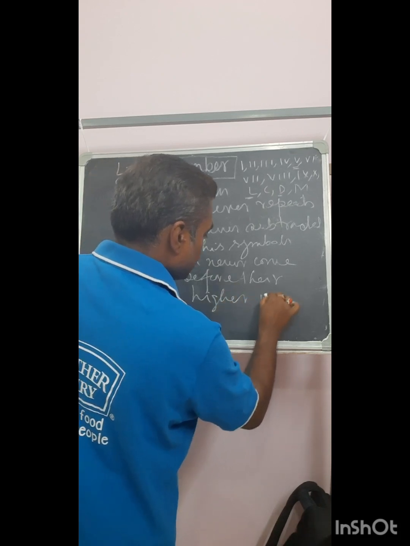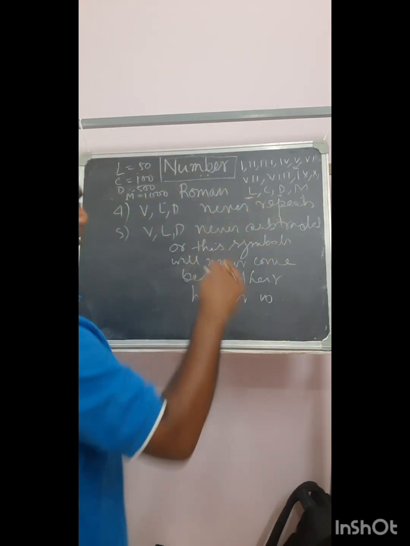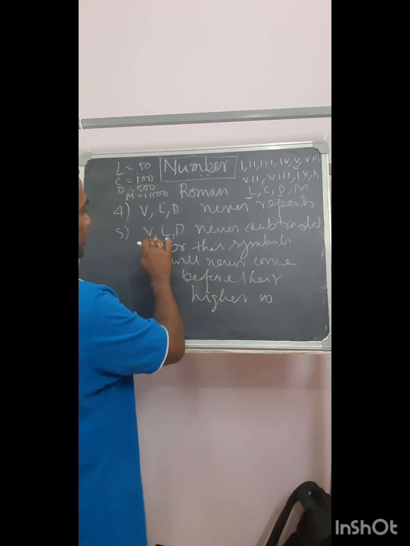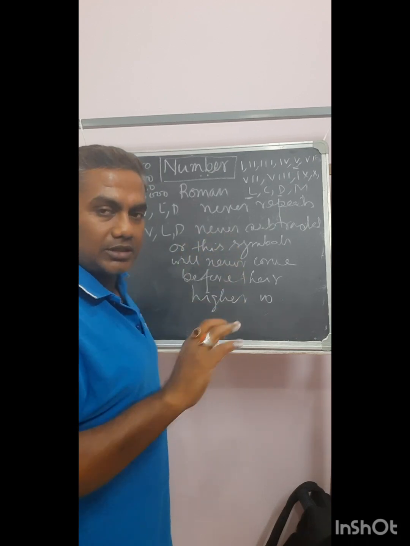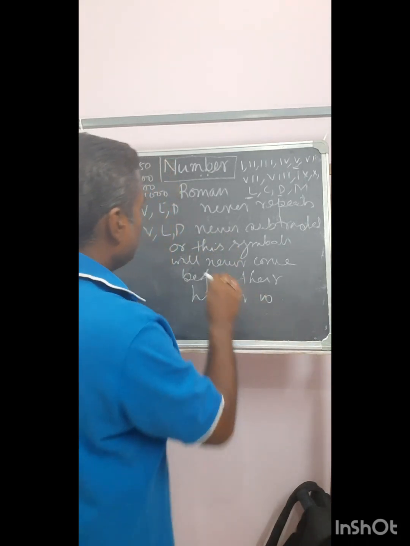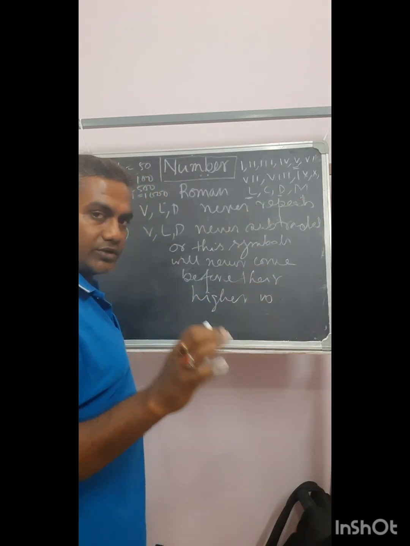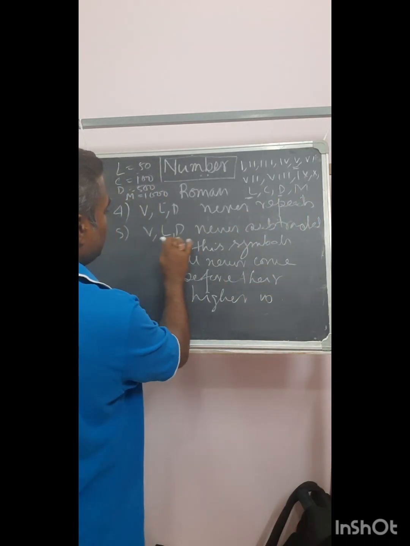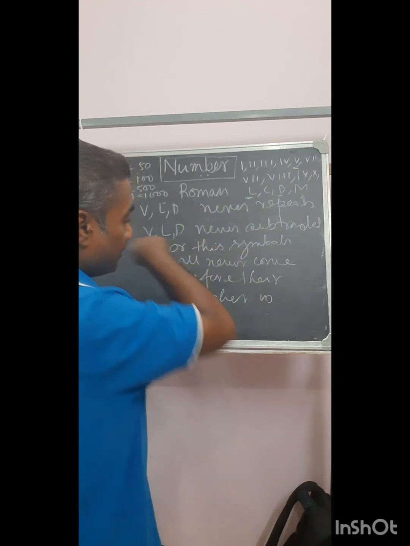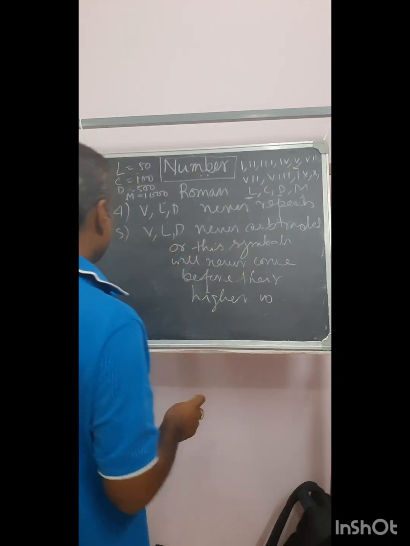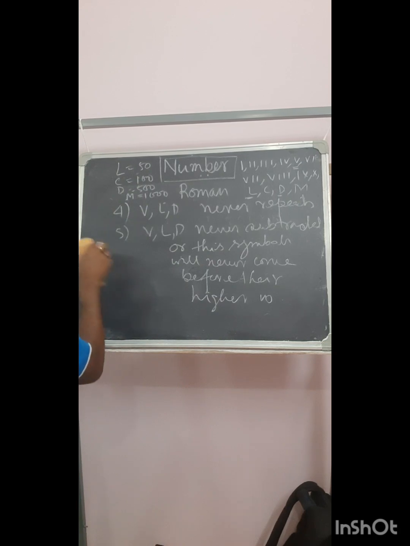Earlier we described that any number that comes before a higher number will be subtracted. Now it is clear that it can't be subtracted. This is the rule for the Roman. That we can conclude. So this is the fifth rule.